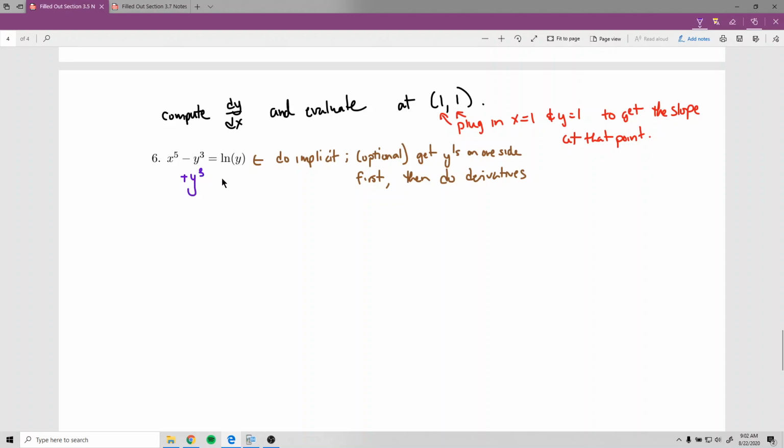So I'm going to add the y cubed to the right, so that gives me the y's on one side. And now do the derivatives. But once again, it's up to you. You don't have to do this first. You could have just done the derivative of everything first and then gone with it.